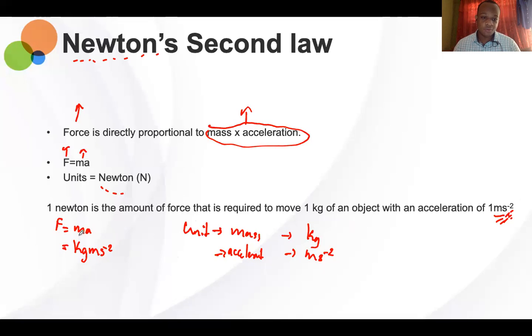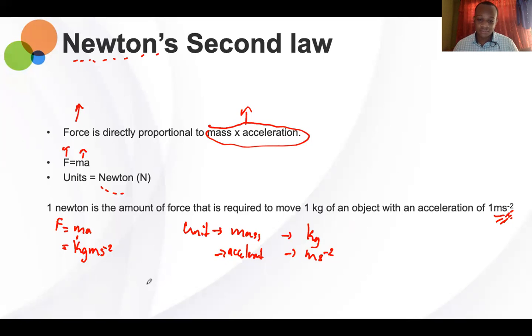Now, what is the unit for m? What do we usually use for m? Mass, sir. Yeah, m is the mass. What is our unit? Kilogram. Right. So kilogram goes here, and our unit for acceleration is meters per second squared.